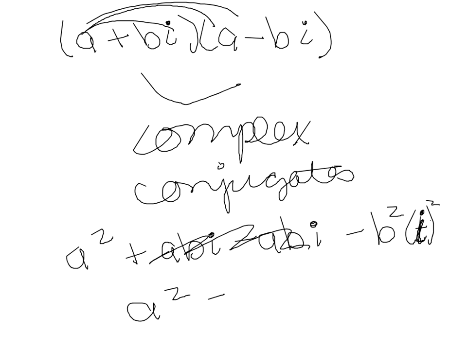So those cancel, and I get a squared minus b squared times minus 1. So I end up with a squared plus b squared. So if I have the complex conjugate, a plus bi times a minus bi, the result is a squared plus b squared. So let's look at another example.